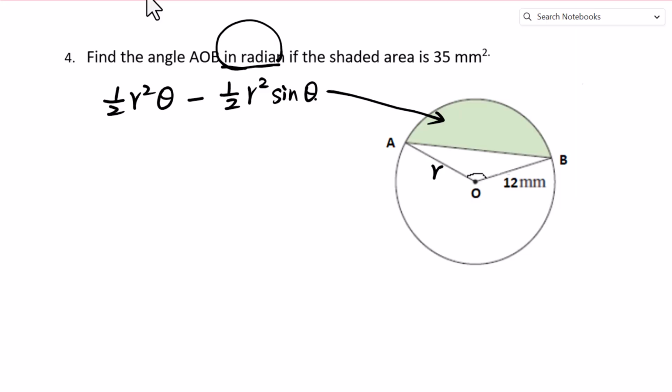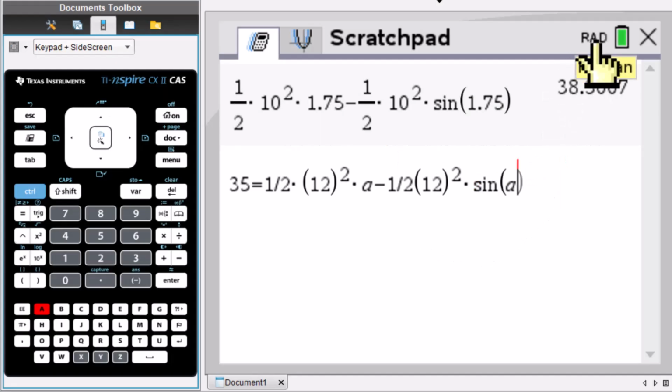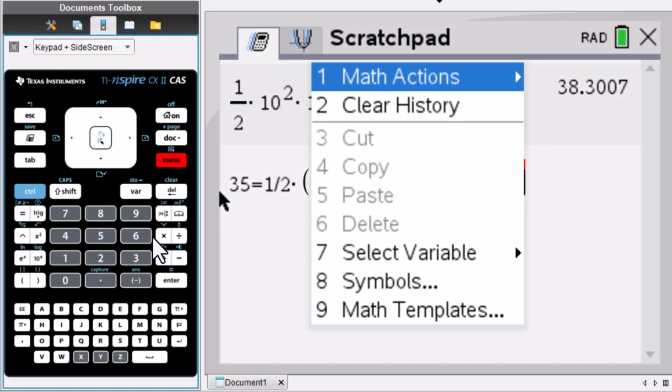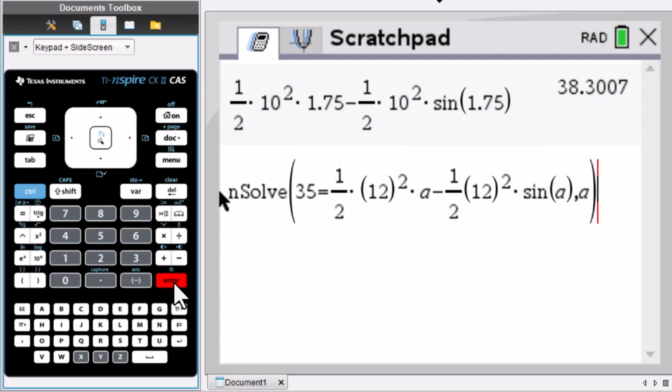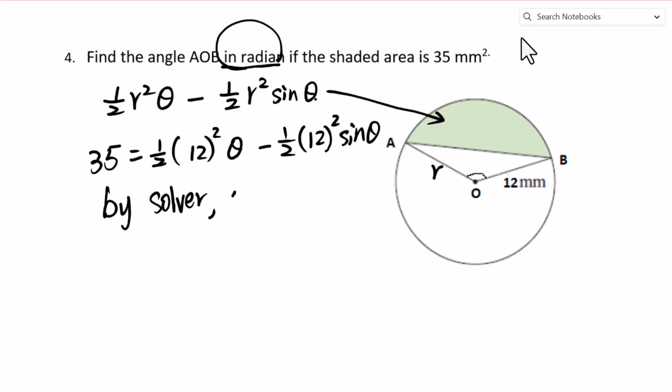Then let's plug in the values. 35 equals 1/2 times 12 squared theta minus 1/2 times 12 squared sine theta. Make sure this angle is in radians. Then go to Control menu. Enter, enter, enter. A equals 1.48. Theta equals 1.48.